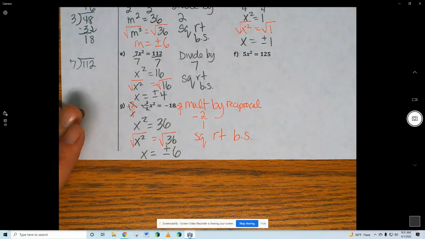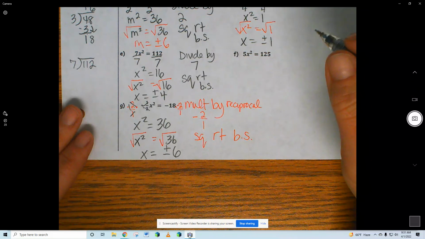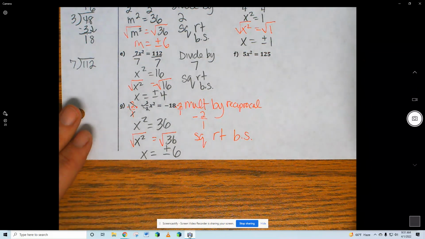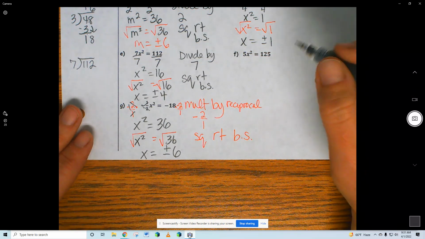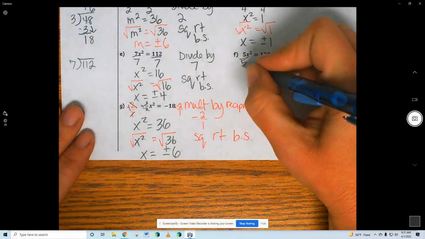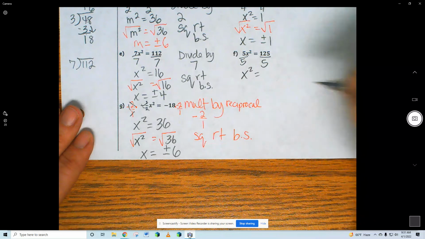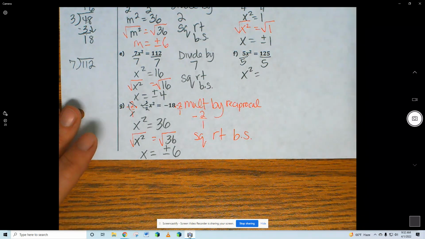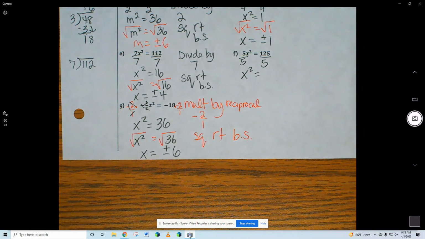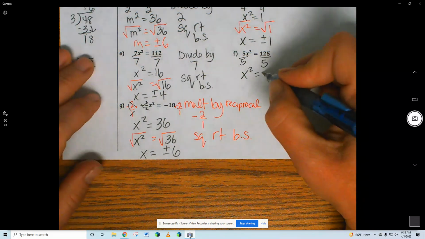Ooh, none of these have no solution. I don't really like that. What? The back does, yeah. All right. We'll worry about it when we get to the back. But in the future, I probably should have made this negative 125. How many times does 5 go into 125? 25 times.